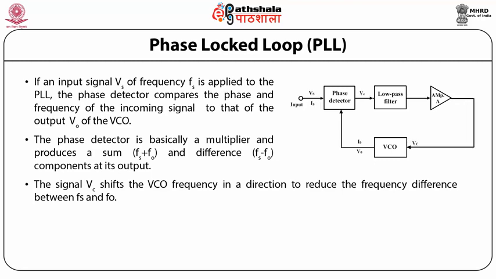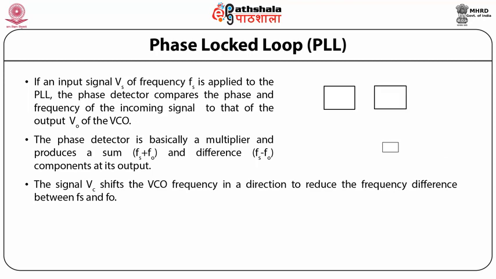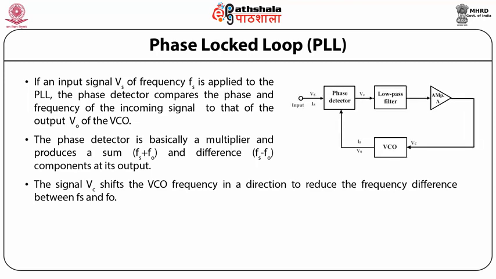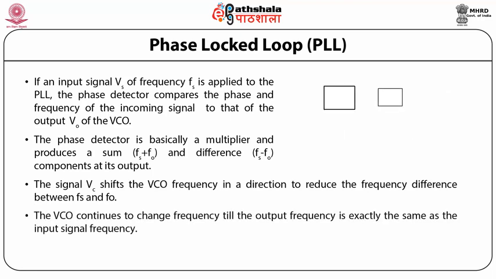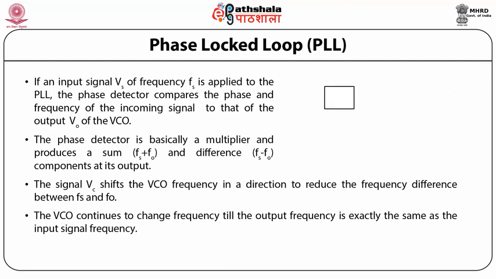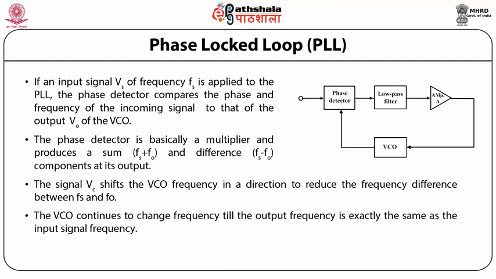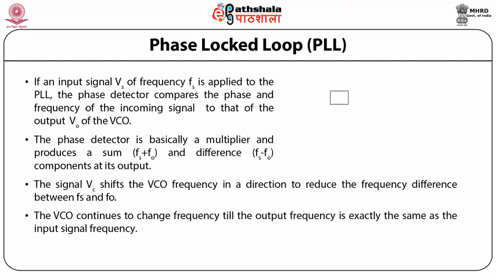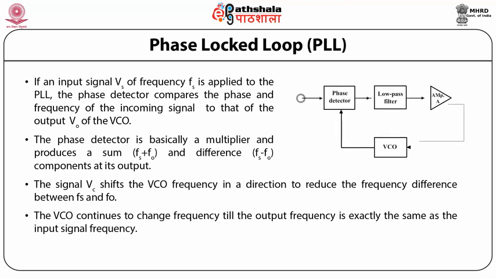Once this action starts, we say that the signal is in the capture range. The VCO continues to change the frequency till the output frequency is exactly the same as the input signal frequency. The circuit is then said to be locked.